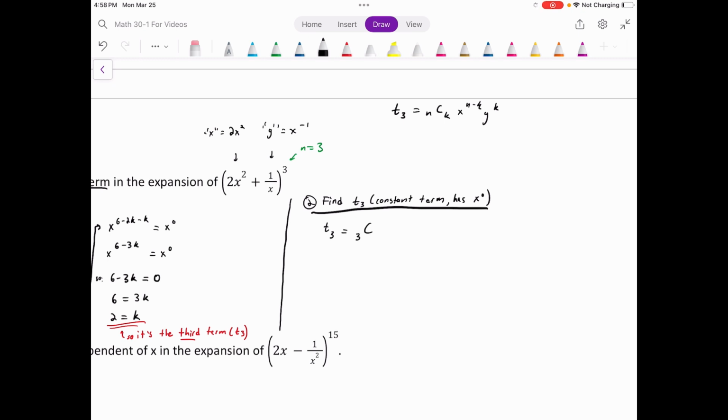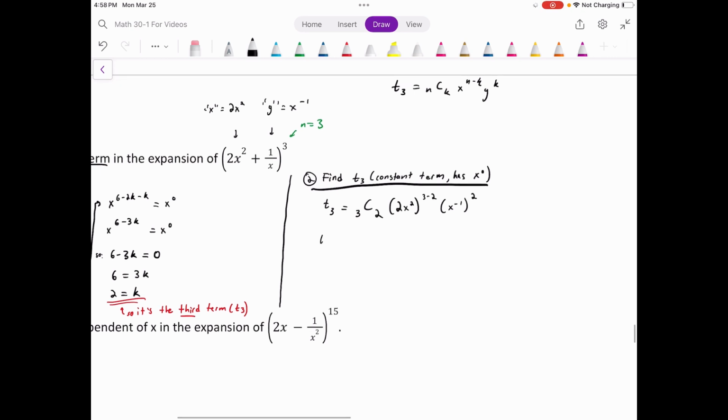We now know that the k will be 2 for the constant term. So 3 choose 2 times x. Be careful, our x is not just x, it's 2x squared to the power of n minus k, so 3 minus 2, times y. Our y is 1 over x, or x to the minus 1, to the power of k. Well, our k we established is 2.